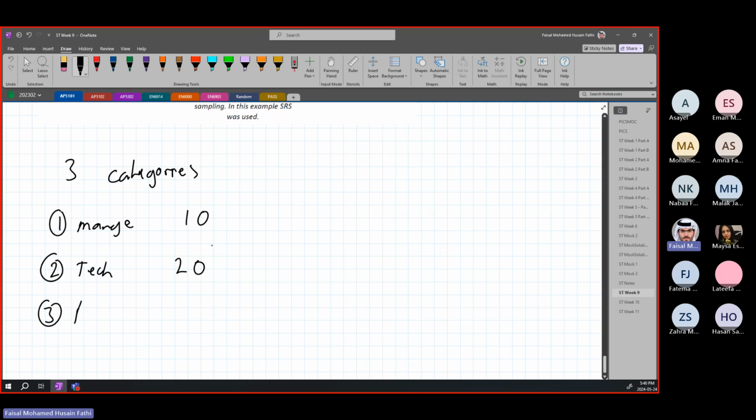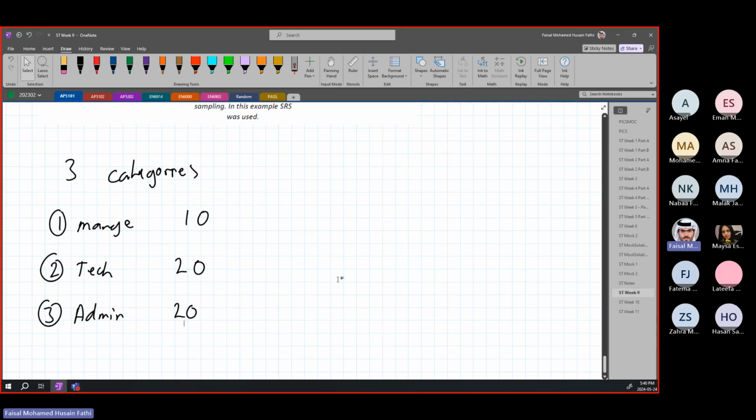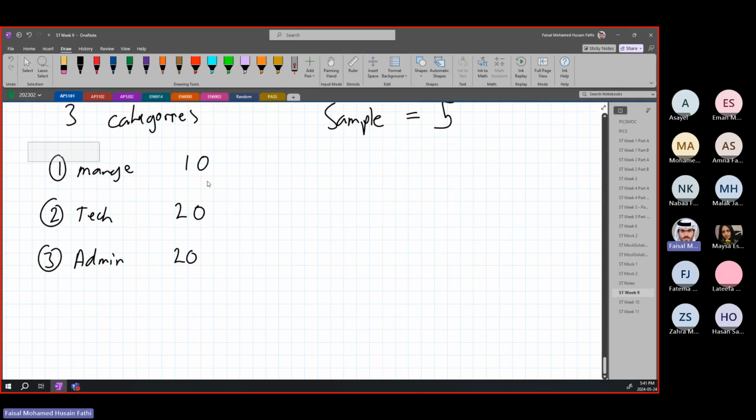And the third one is admin, and you have 20 people there. The question is saying, using stratified sampling, how many from each category should be included in a sample of 5? So our sample size is given to be 5. First things first, these are our strata. So this is stratum 1.